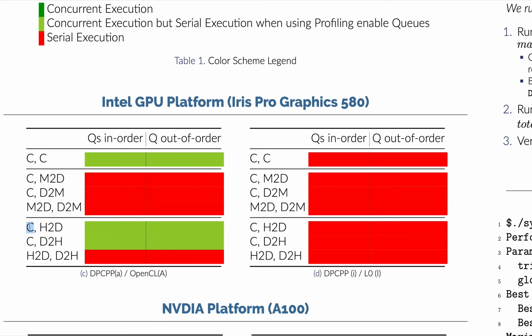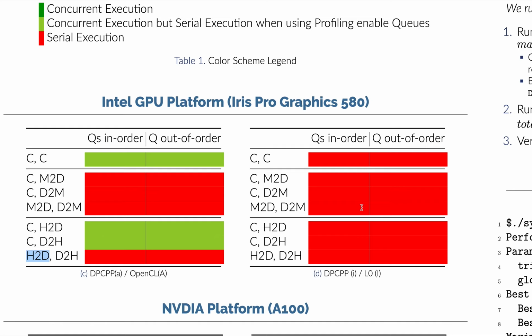With compute and host-to-device with pinned memory, everything is fine. But we don't see data transfer between host to device and device to host. That makes sense because this Iris is an integrated GPU, so we don't have any PCI transfer, so this is expected. If we measure with Level Zero, we don't have any concurrency.